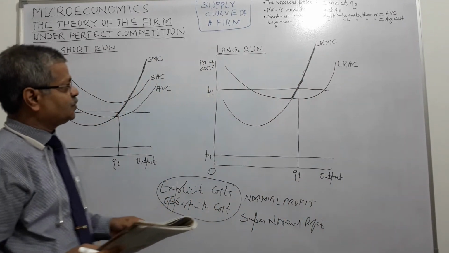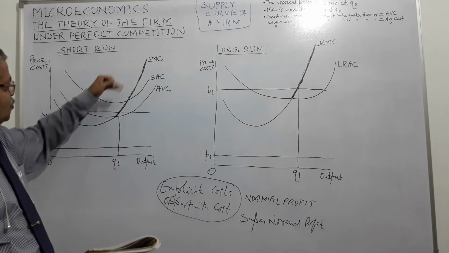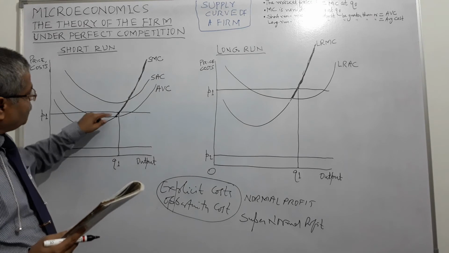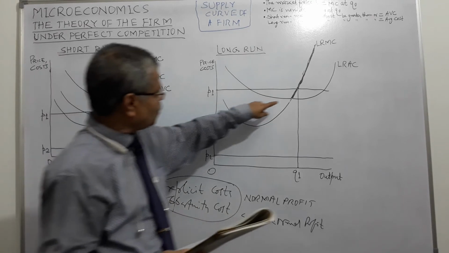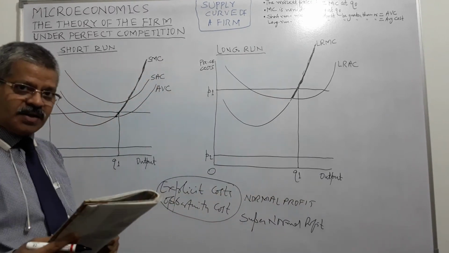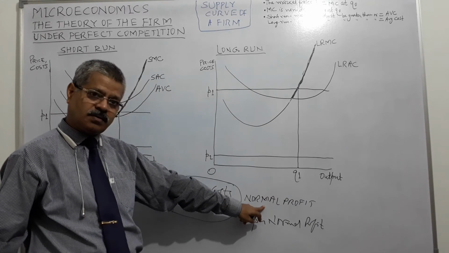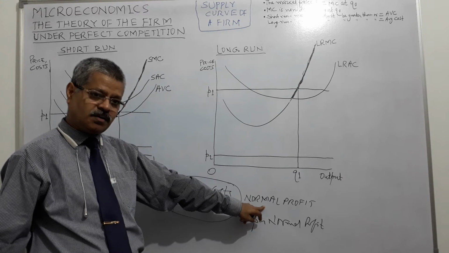So in the short run or the long run, the point on the supply curve at which a firm is able to earn a normal profit. What is normal profit?